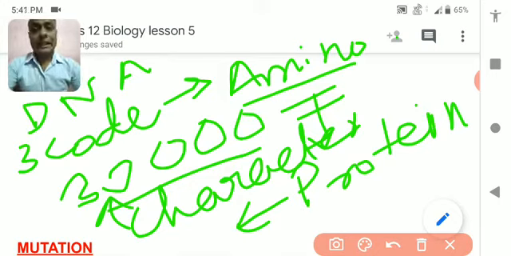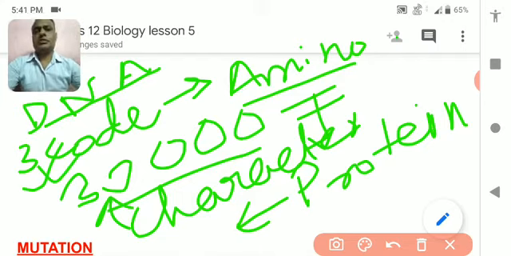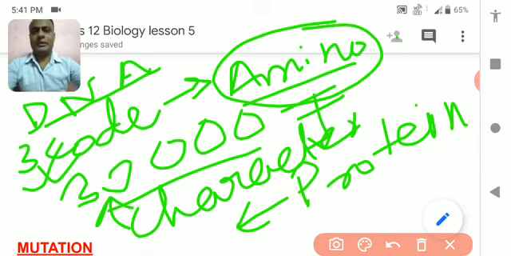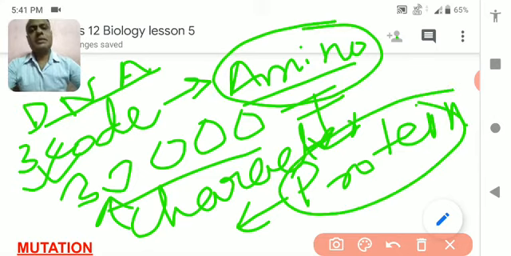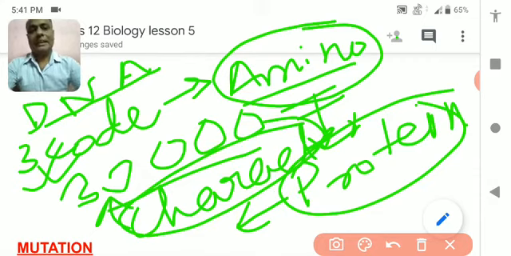So DNA has millions and millions of codes. One code or more than one code makes a particular kind of amino acid. Amino acid forms protein, protein forms character, and characters are about 30,000 in our body.